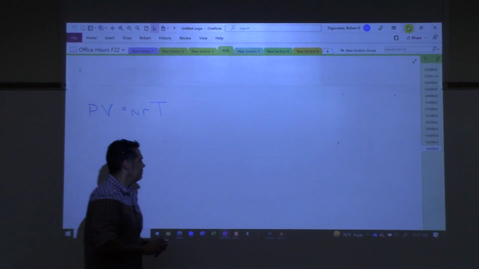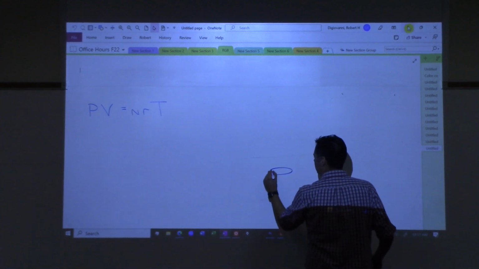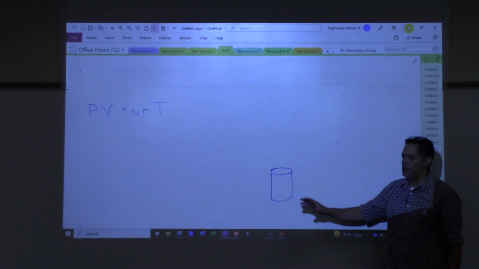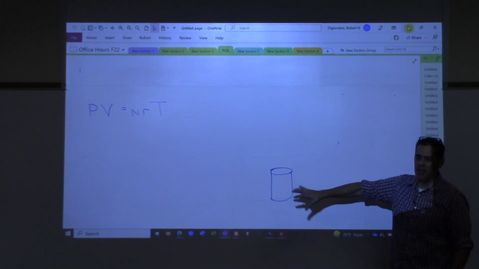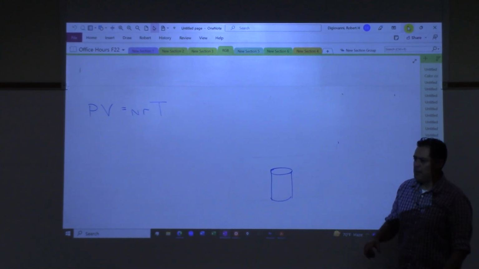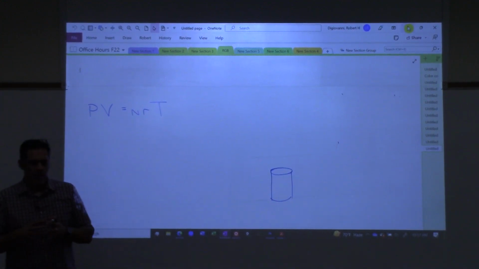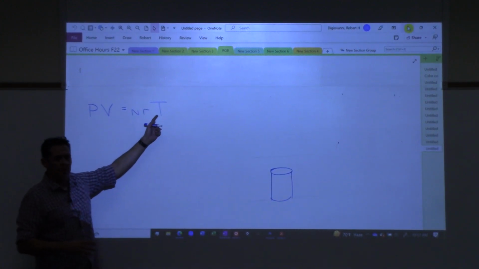So let me explain this. If you have a container and you have, let's say, a gas inside this container, think of a soda can. You have the temperature of the gas in there.